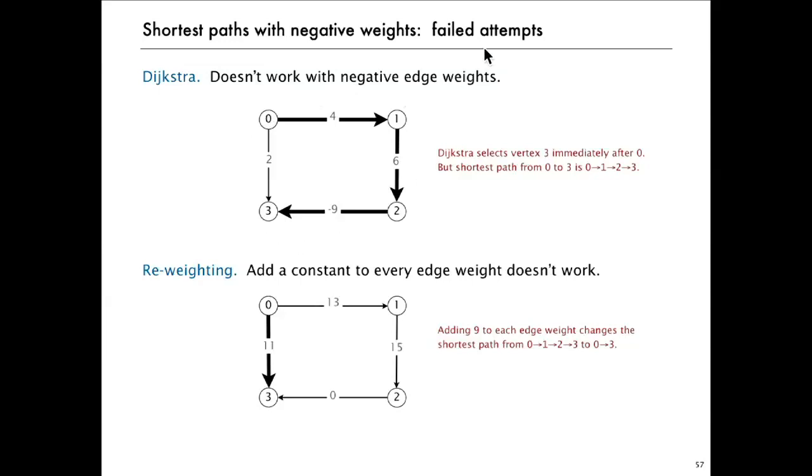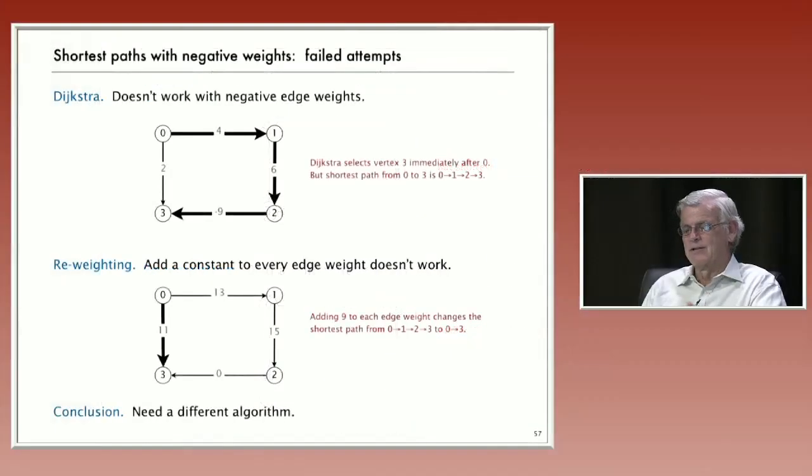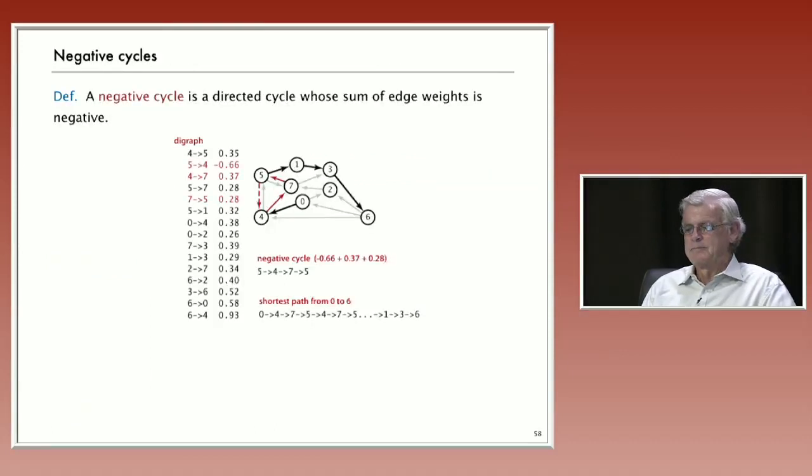So those easy attempts just don't work for dealing with negative weights in general graphs. So the conclusion is we need some different algorithm. And the topological sort one isn't going to work because the graph might have a cycle in it, so there's no topological sort.